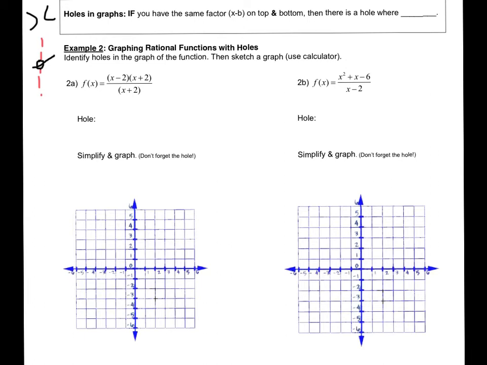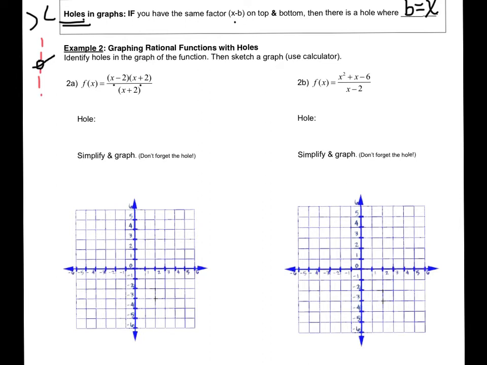So this is how you know if you're going to have a hole in your graph for your straight line. It's if you have the same factor on the top and the bottom. Then there will be a hole where you solve for x. So let's just look at this first example. We have this factor, x minus 2, this factor, x plus 2, and that factor, x plus 2 on the bottom.